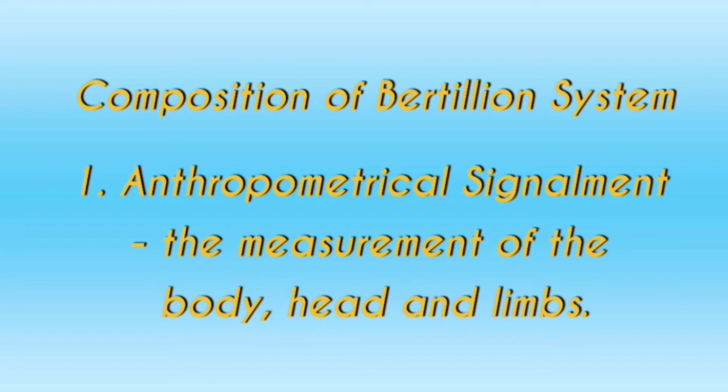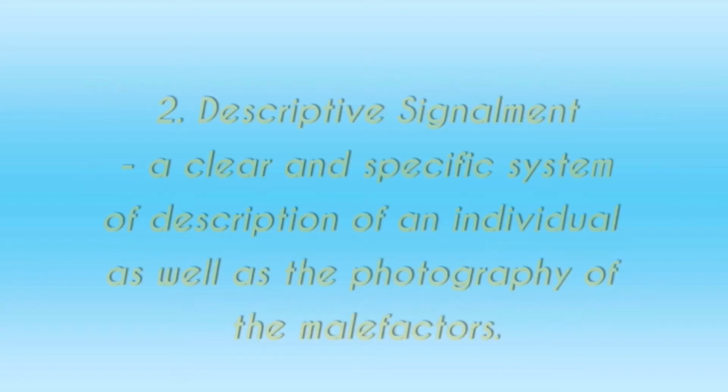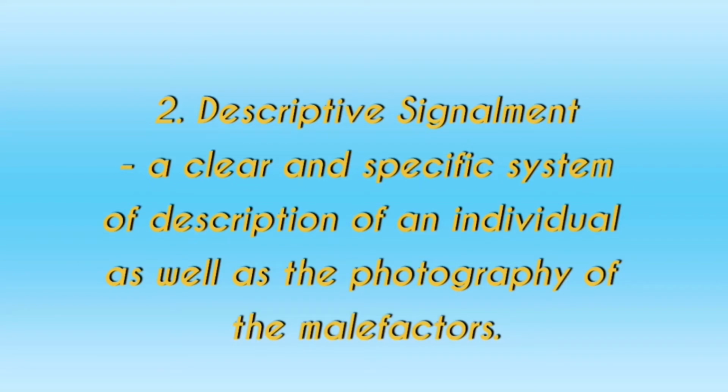Composition of the Bertillon system. Number 1, anthropometrical signalement, the measurement of the body, head, and limbs. Number 2, descriptive signalement, a clear and specific system, a description of an individual as well as the photography of the malefactors.